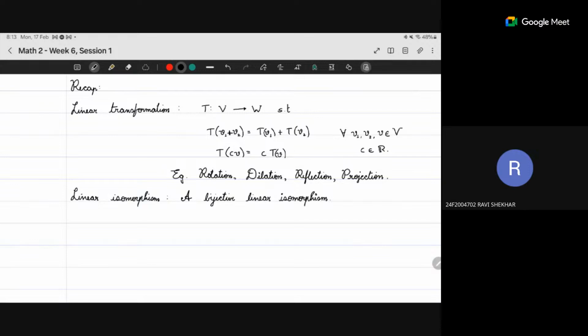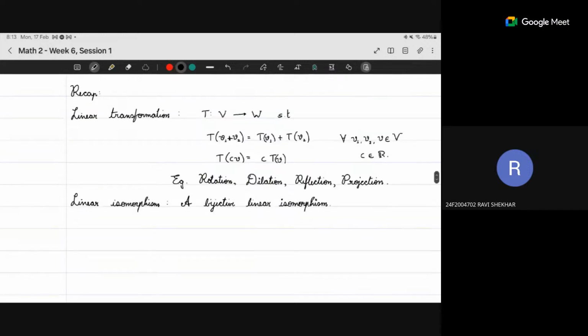Even if you don't understand what these transformations are, that's okay. Later on, we'll be doing it in a slightly more detailed fashion. But for now, just know that all of these things are linear transformations. Let's take, for example, dilation. If you have two vectors and the sum of the two vectors, and you scale this by some constant, it is the same as scaling each by the same constant and then adding the two vectors.